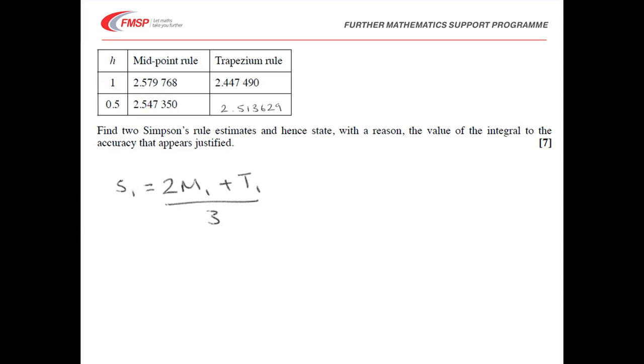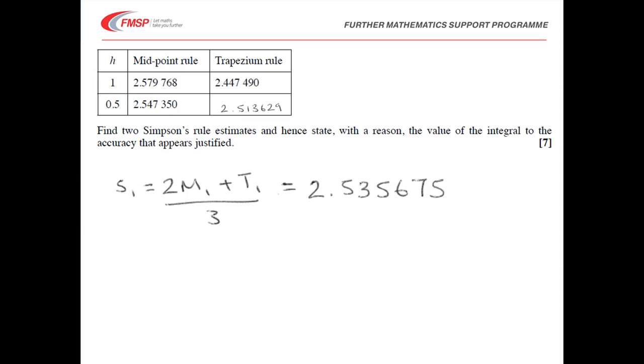So, doing our weighted mean, putting in the first values for the midpoint and trapezium: 2.579768 doubled, plus one set of the 2.447490, added together, divided by 3, gives us that.